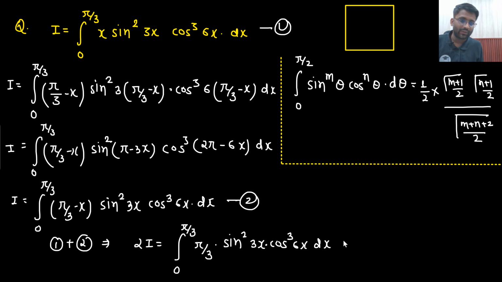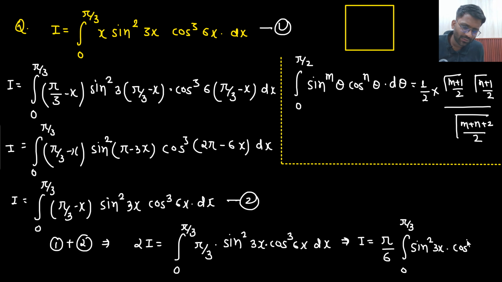So what you are getting here, I is coming out to be equals to pi by 6, 0 to pi by 3, sine square 3x cos cube 6x dot dx. So this is the scenario that we are getting. Okay. So let's write down this integration again on the next page.